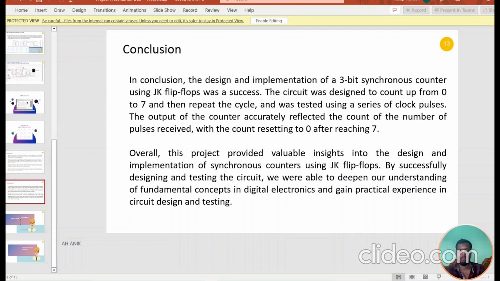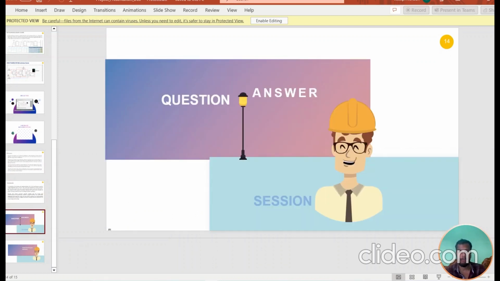Overall, this project provides valuable insights into the design and implementation of synchronous counters using JK flip-flops. By successfully designing and testing the circuit, we were able to deepen our understanding of fundamental concepts in digital electronics and gain practical experience in circuit design and testing. Now we're going to move to the next slide.